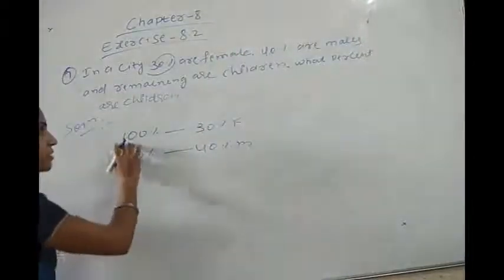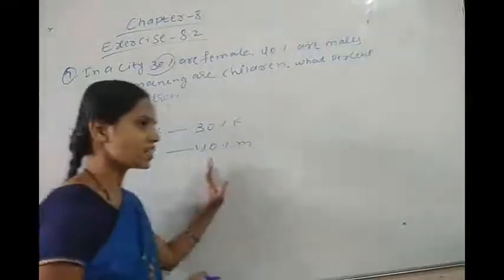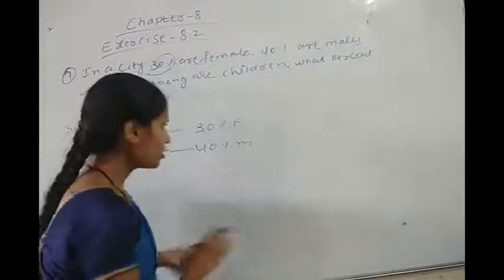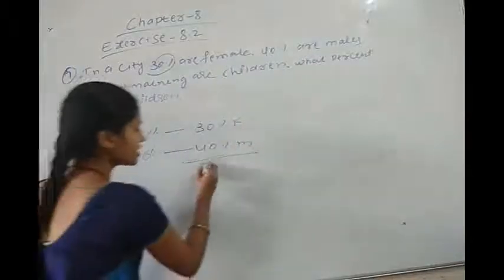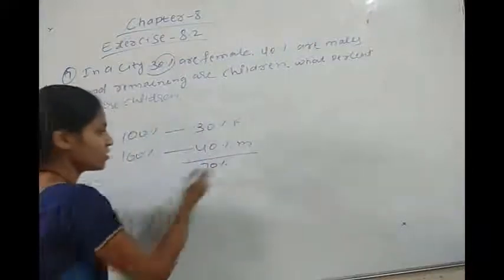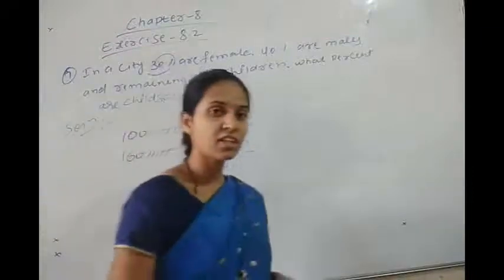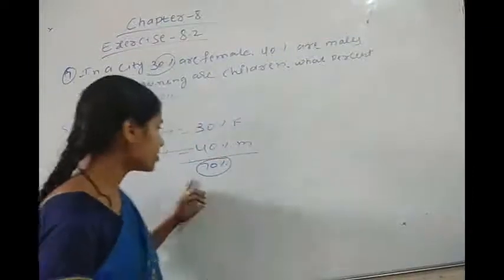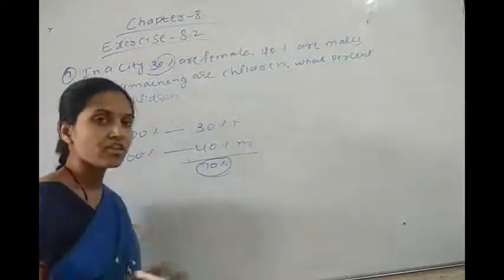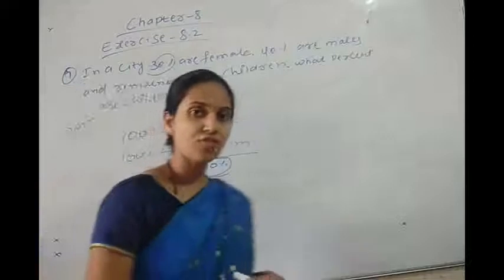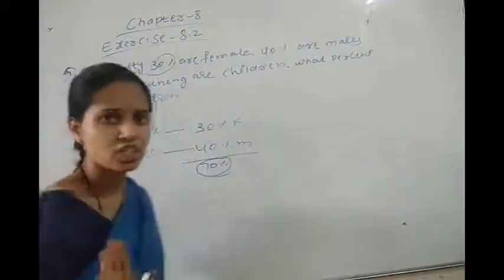From 100% we are having 30% as females and 40% as males. If we add the percentage of the females and males, we will get 70%. If we subtract this 70% from the total number of people, that is 100, we will get the percentage of children, because only 3 choices are there.